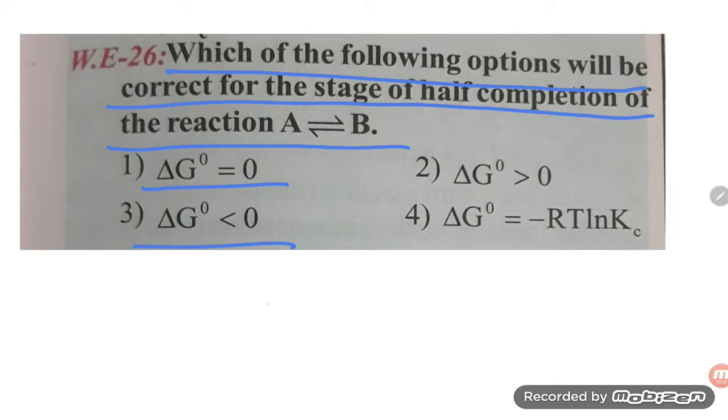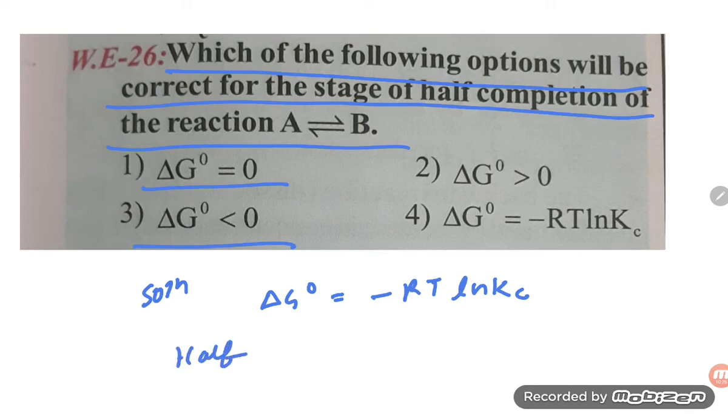So we know student, delta G naught is equal to minus RT ln Kc. At the stage of half completion of the reaction, what we can write student, that is equilibrium condition.